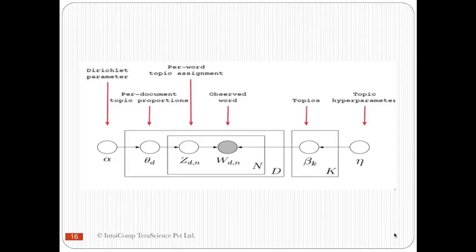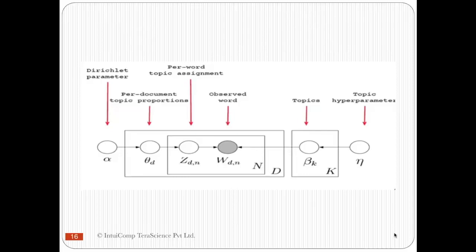Okay, so what essentially eta does, it gives us beta k for all k topics. So let's say that k is equal to 3, so we have 3 topics, beta 1, beta 2, beta 3. So beta 1 will be a probability distribution, beta 2 will also be a probability distribution, and so on and so forth. Right.